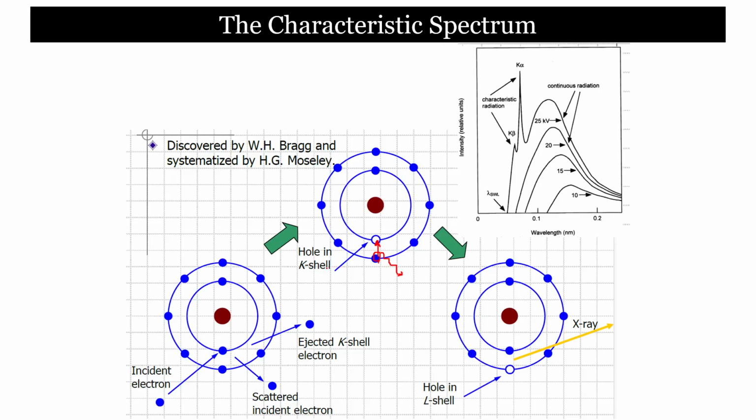And if the electron had jumped from the other shell, it would have been known as the K beta radiation. So depending upon the shell, like K, L, M, N, from which the electron is jumping, you can have different kinds of radiations.